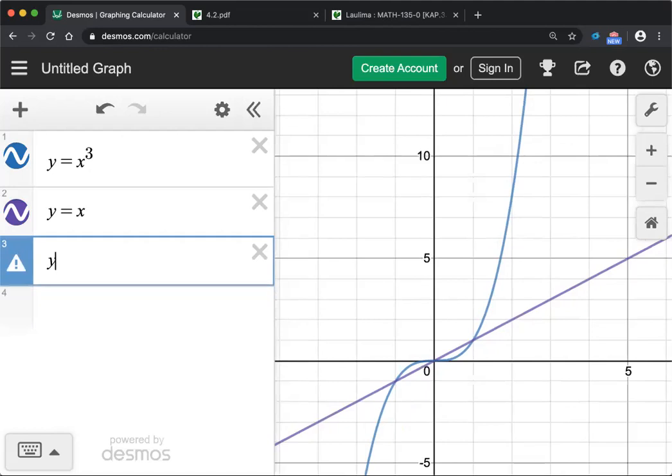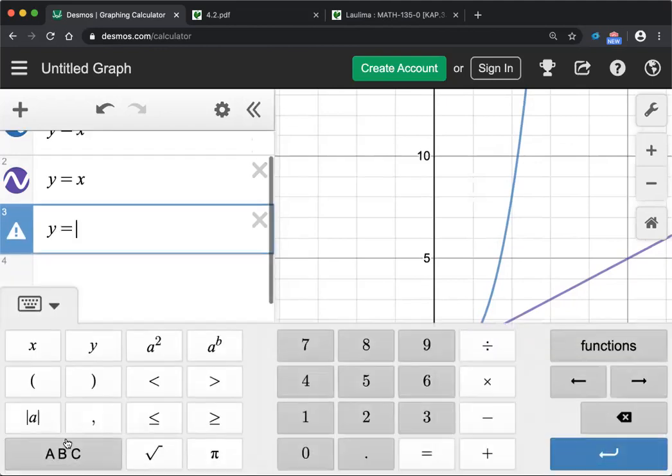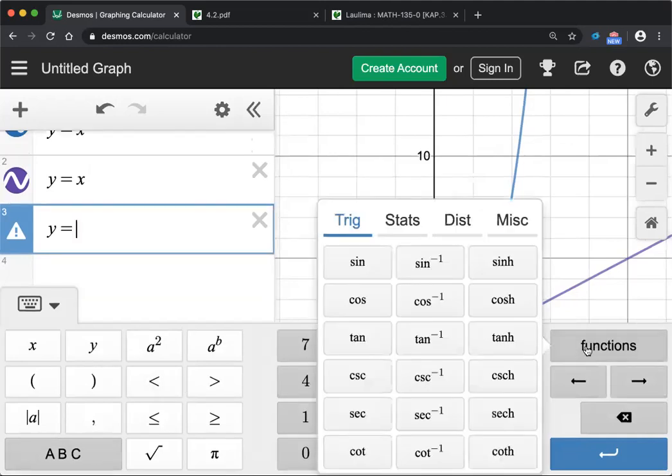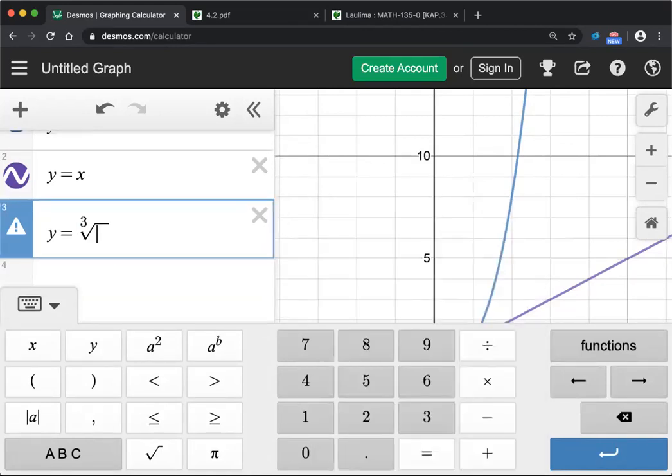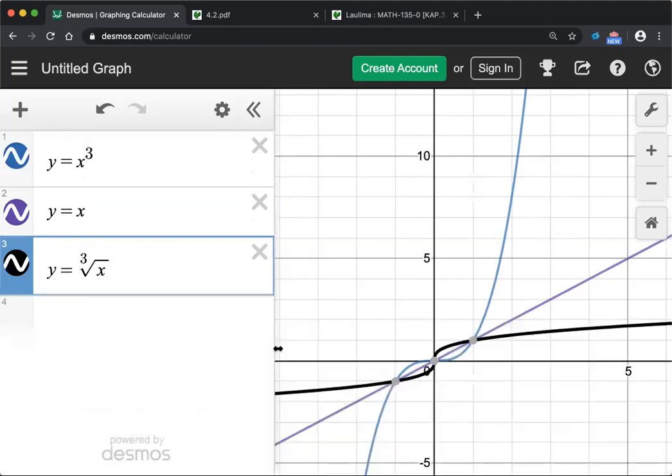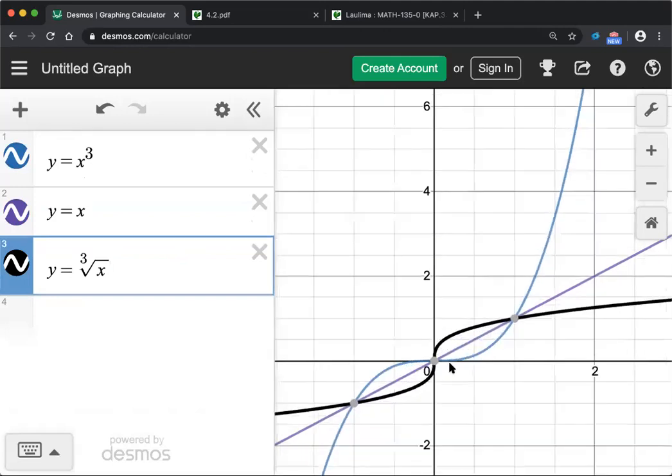Let me see. Where's the cube root? Oh, here we go. The third root of x. Yeah, and see how this black graph is a reflection over that line, right? They are mirror images over this y equals x line.